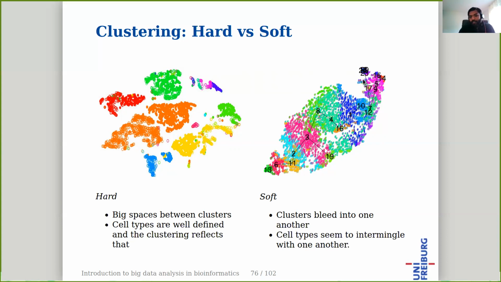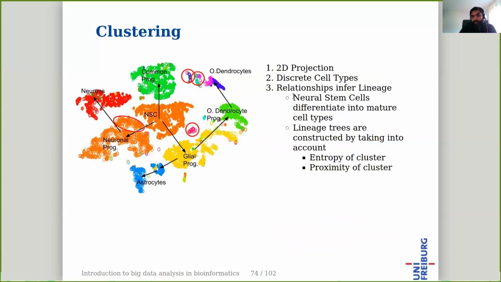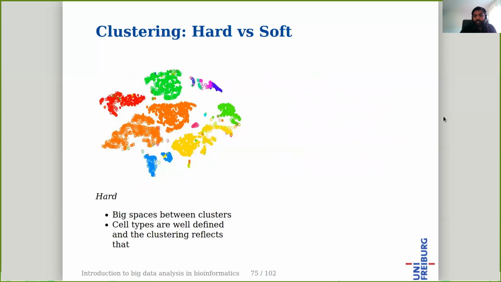And it's hard to say that these two are different cell types, because they are really close to one another. But this type of clustering is sometimes very useful to solve this problem of lineage inference.